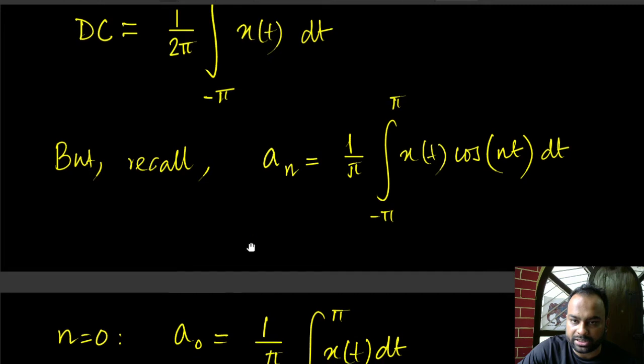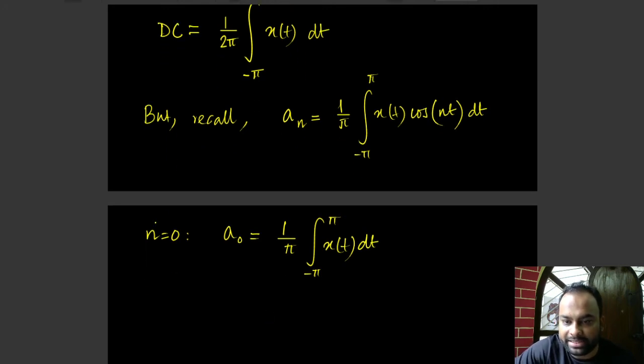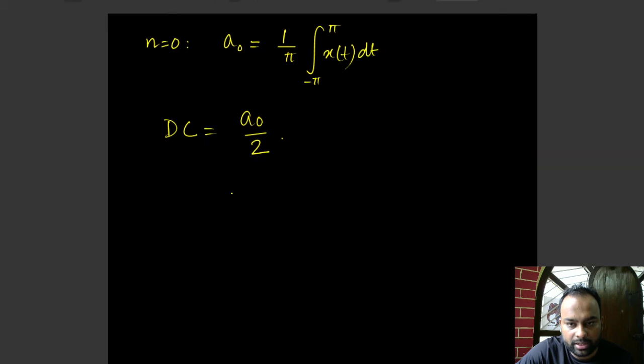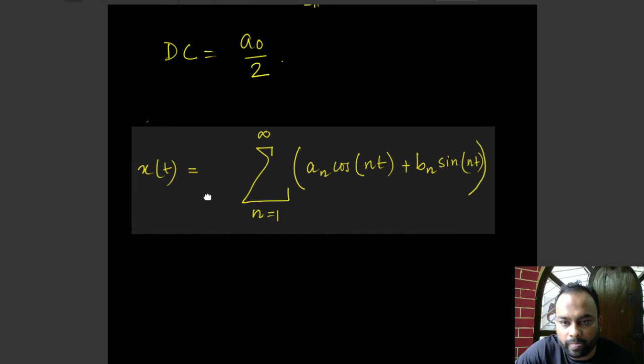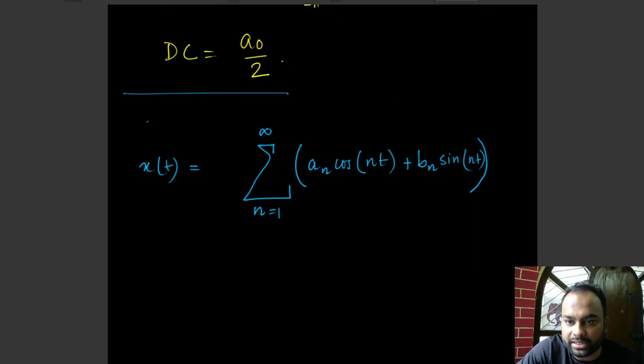Now compare these two expressions. Now compare the value of the DC component and a0. We can quickly realize that the DC component is nothing but a0 by 2. So oftentimes we express the Fourier series like this.